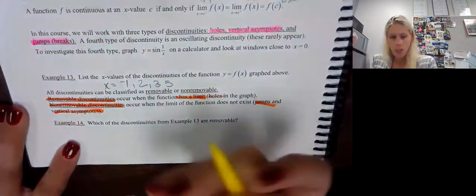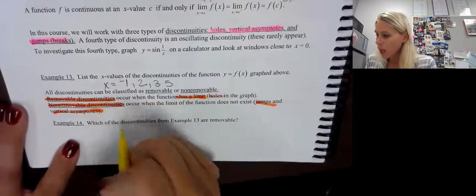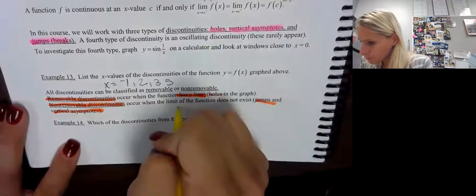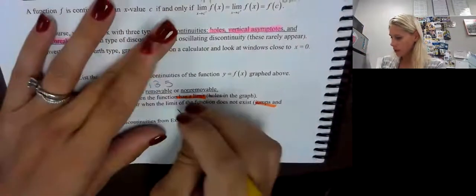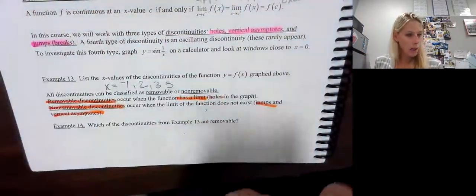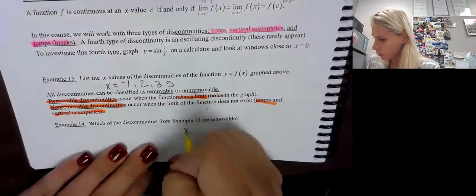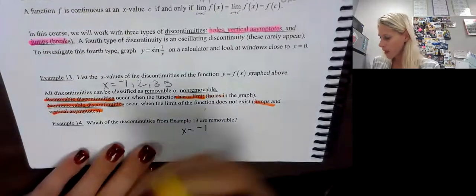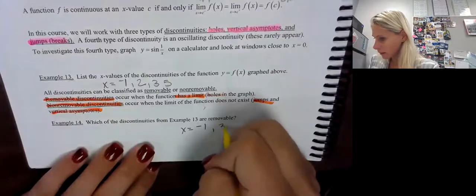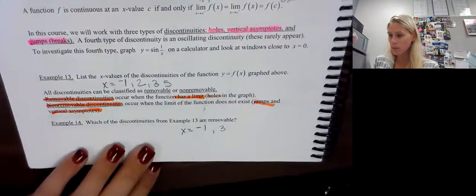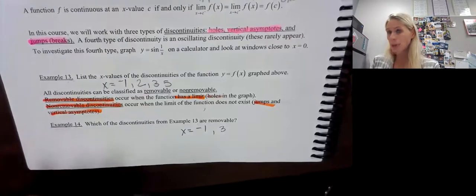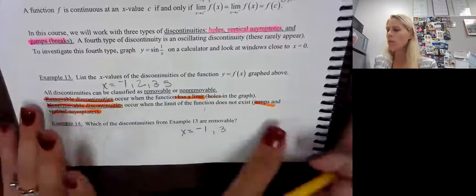The limits that exist are at x = -1, where the limit is 4, and x = 3, where the limit is 1. 4 and 5 do not exist, they are an asymptote or jump, so those would be non-removable.